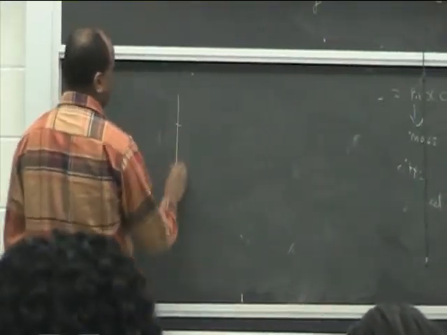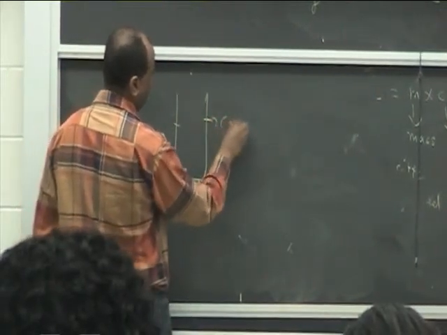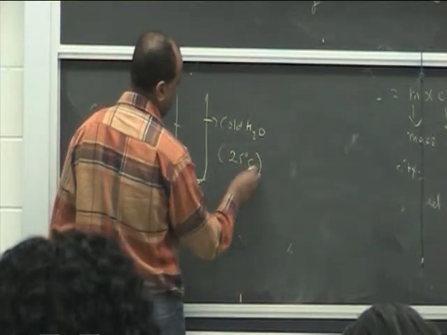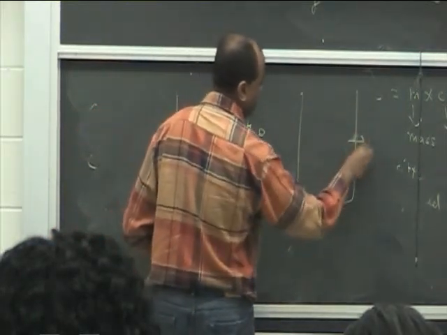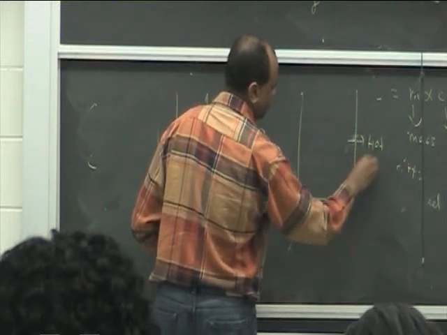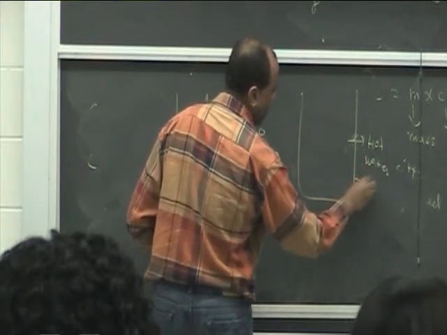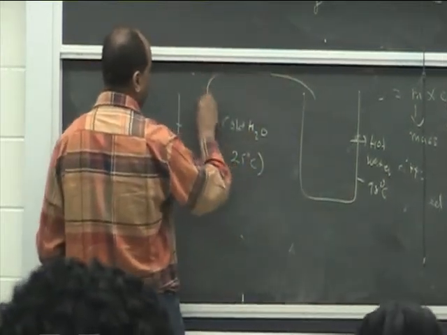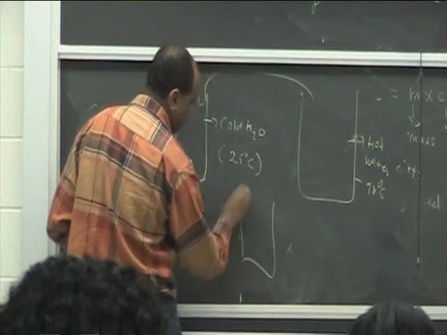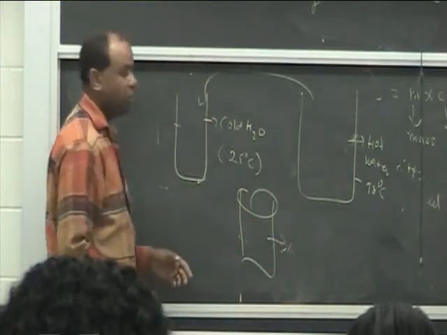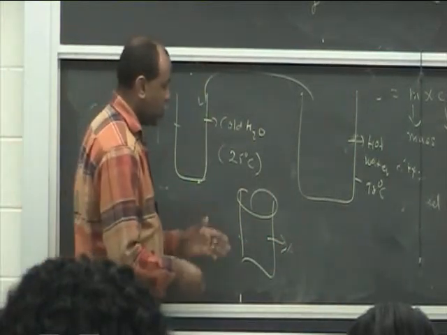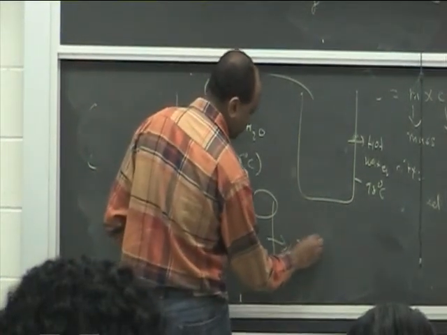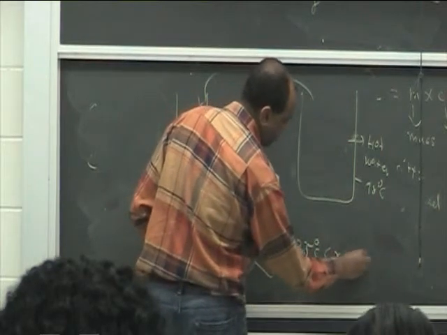Let's say you have cold water here, maybe 25 degrees centigrade. You have hot water here, maybe 98 degrees centigrade. You're going to mix the hot water into the cold water, and your temperature is going to be between these two.